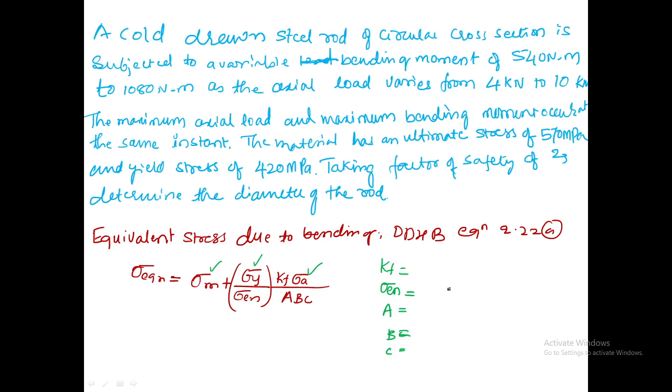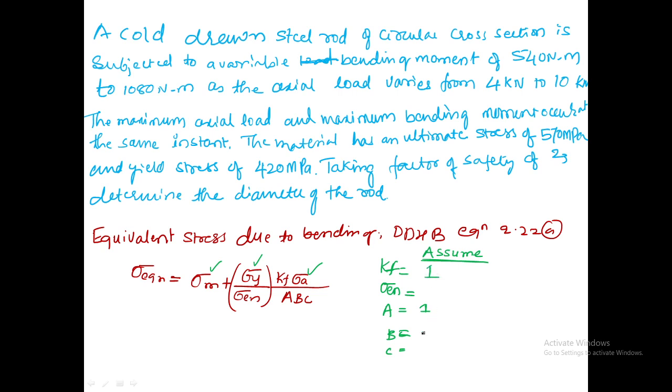As this is a case of bending, let us consider the load factor as 1. In this case you need to assume all the parameters if they are not specified. As it is a circular rod, let us go for fatigue stress concentration factor equal to 1.